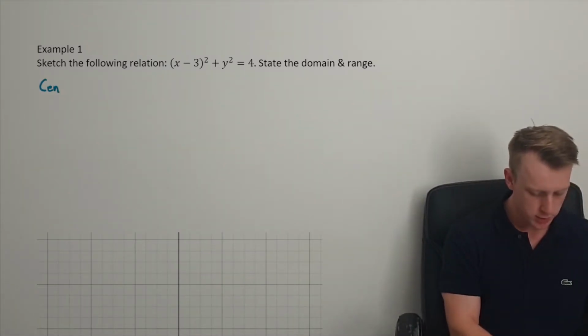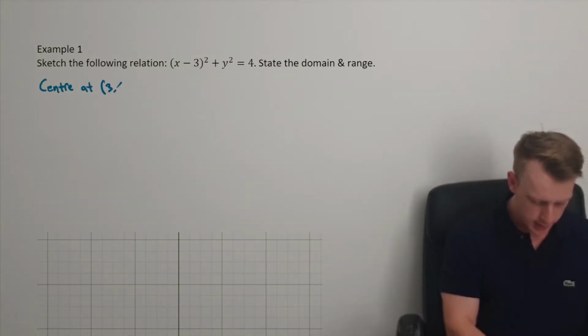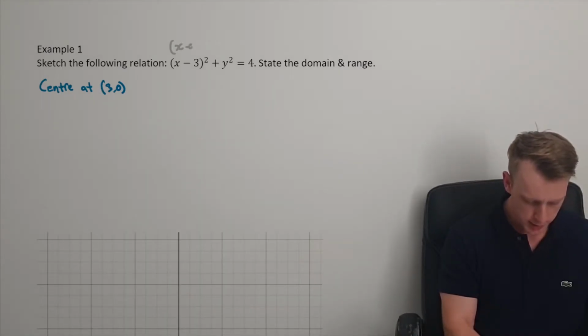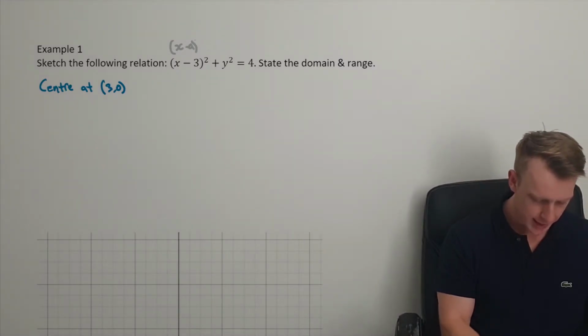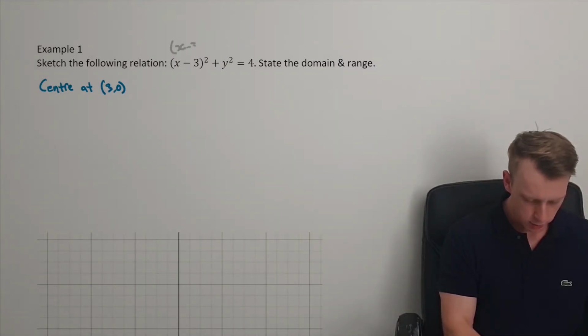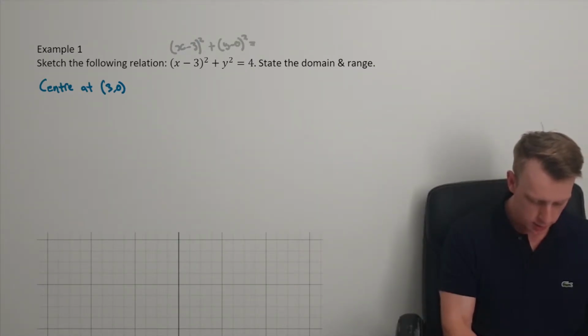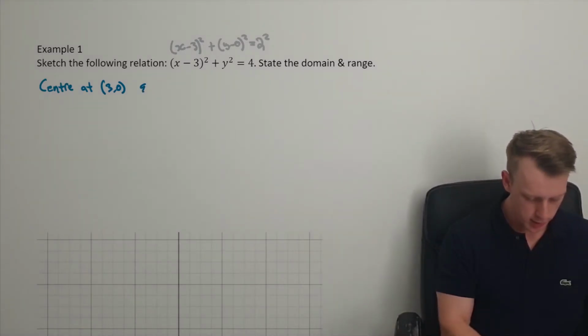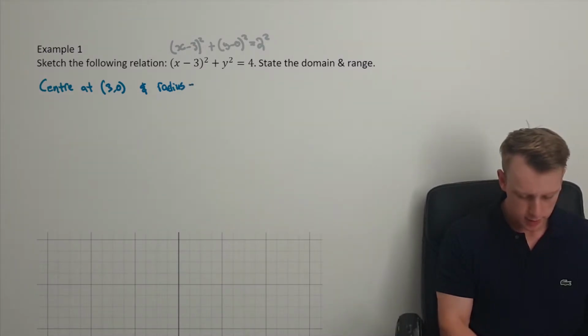The first thing I can spot is it's got a center at (3, 0), because I could write this in the form x minus 3 squared plus y minus 0 squared is equal to, well, I can say that's 2 squared, because 2 squared is 4. So the center is at (3, 0) and the radius is equal to 2.